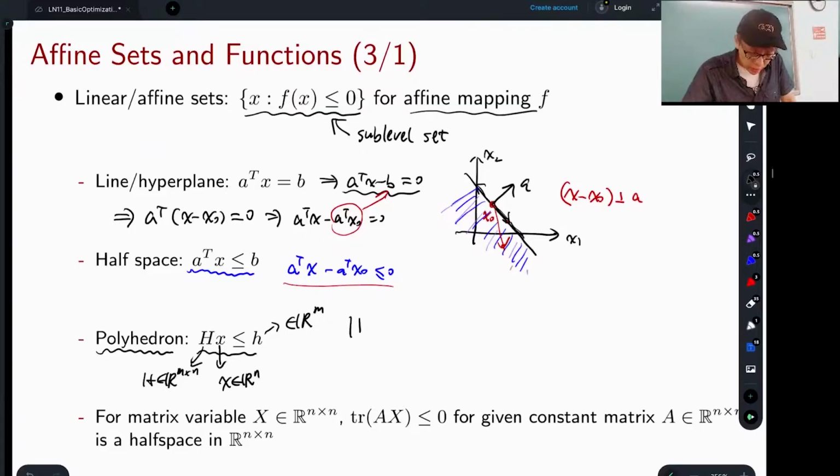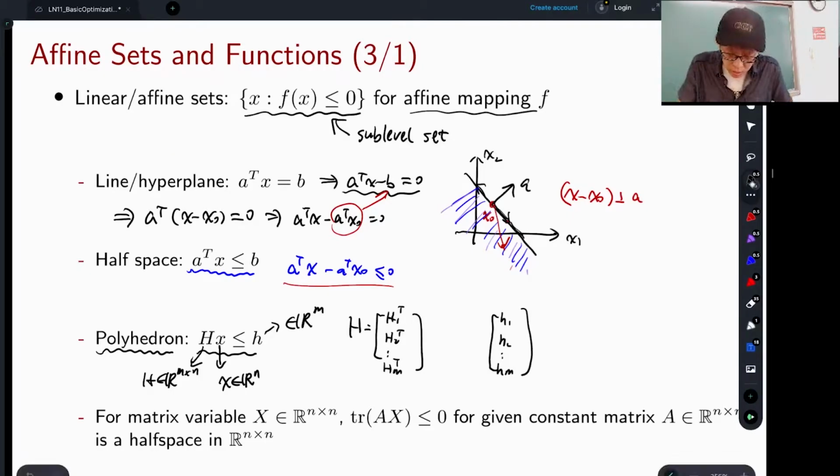So overall, H is the matrix with rows H1 transpose, H2 transpose, up to Hm transpose, and H times x should be less than h.